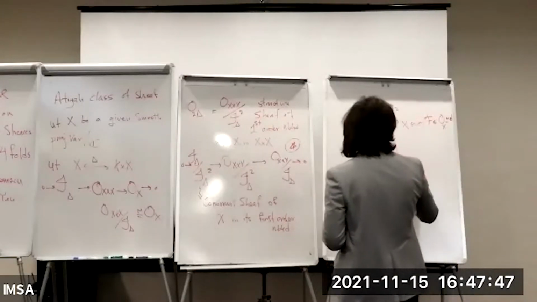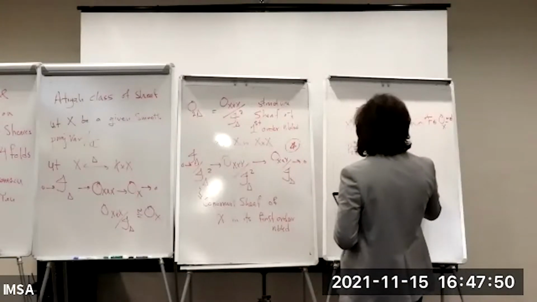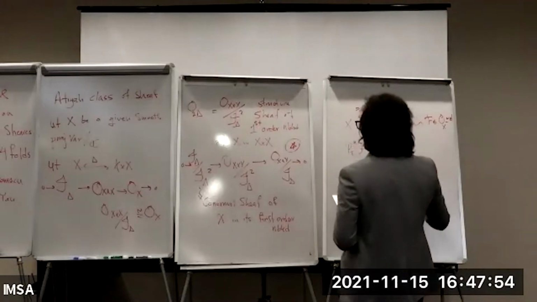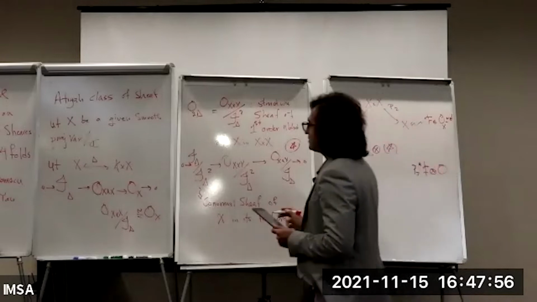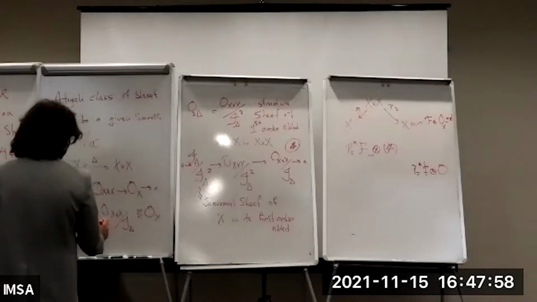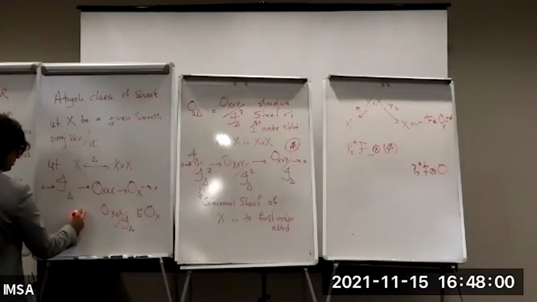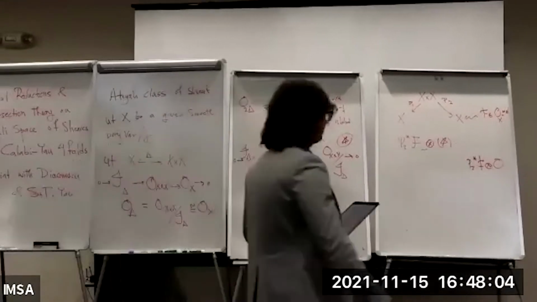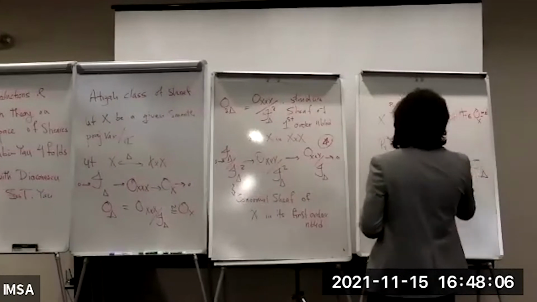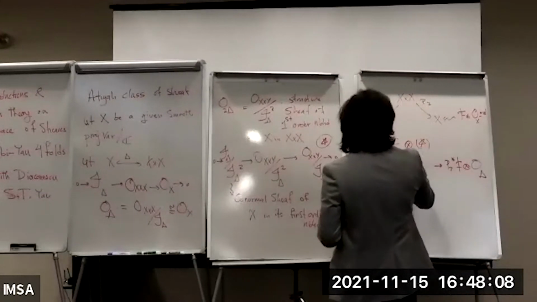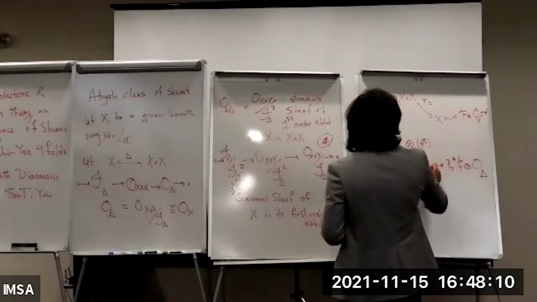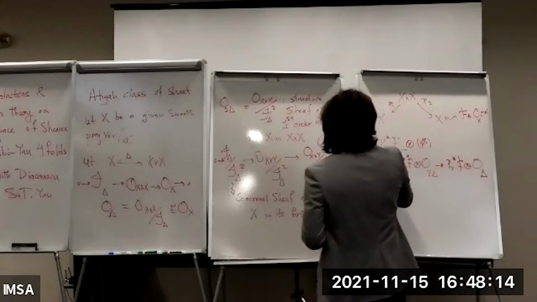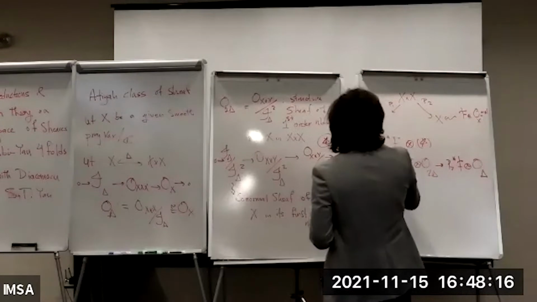So you will get the pullback of F tensored with O of delta, then the pullback of F tensored with O of 2 delta, and the pullback of F tensored with I mod I squared.